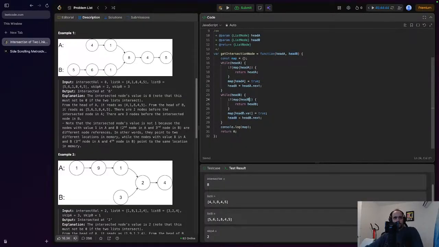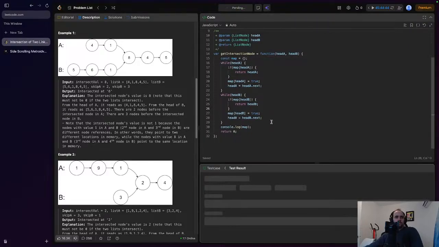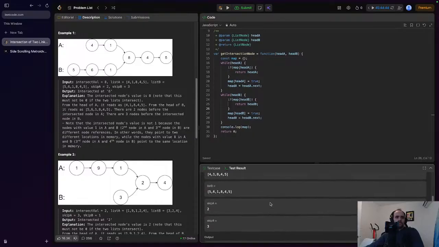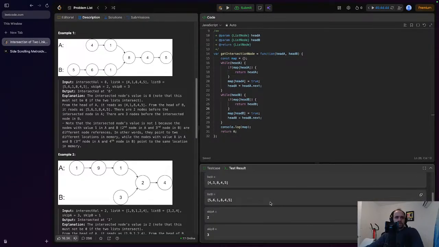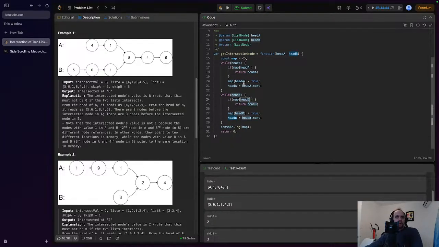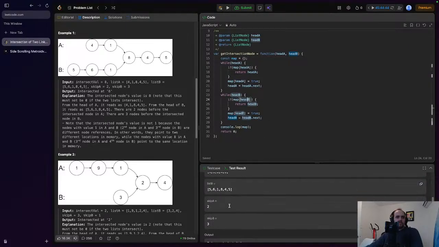Does this work? Intersected at 1. Skip A2. Skip B3, 0, 1, 2, 3. So it's supposed to intersect at 8, but it thinks it's intersecting at 1.